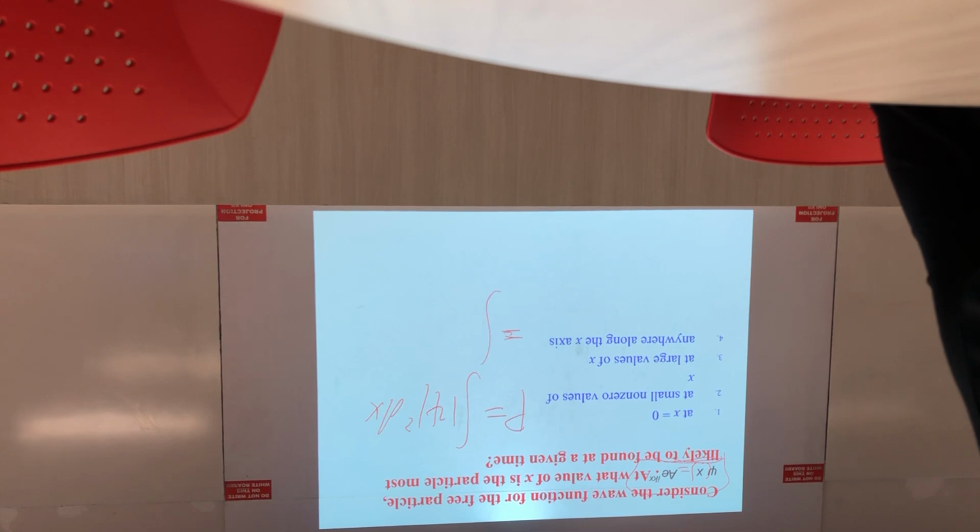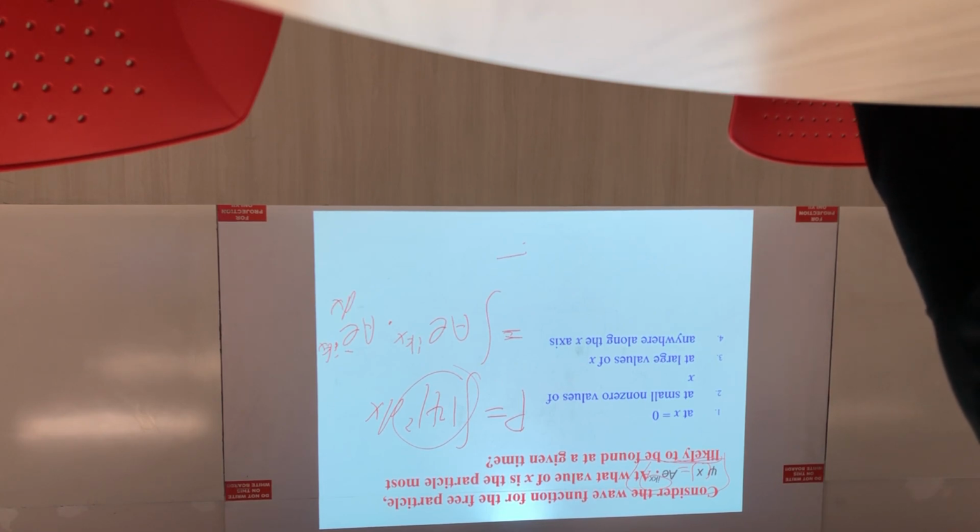So integration of this wave function square, so A exponential i k x, and then this is a complex number, so I'm going to multiply this by its complex conjugate. Then this becomes A squared dx.